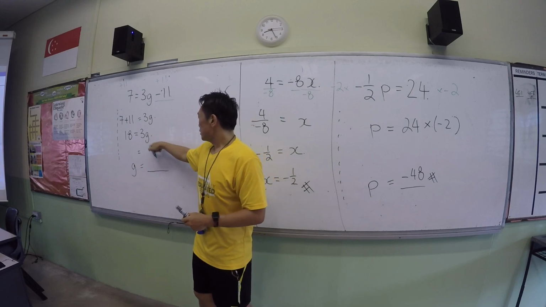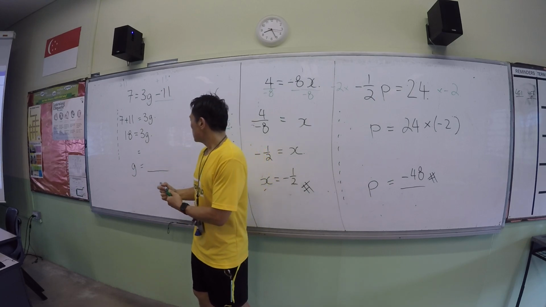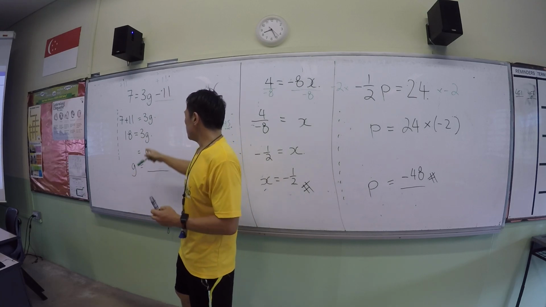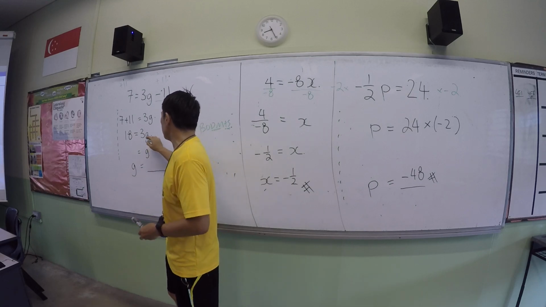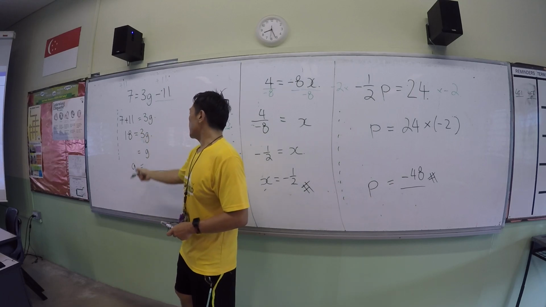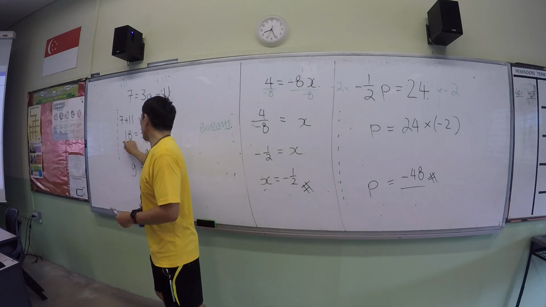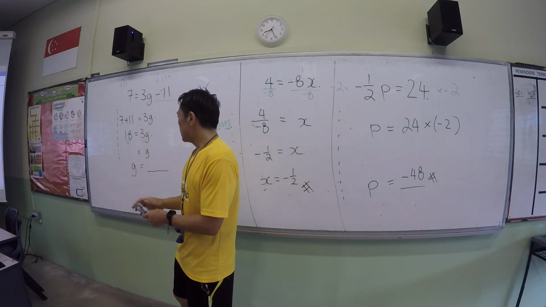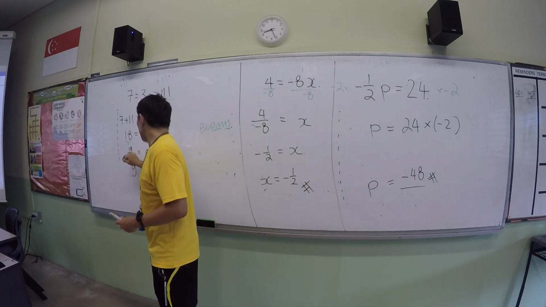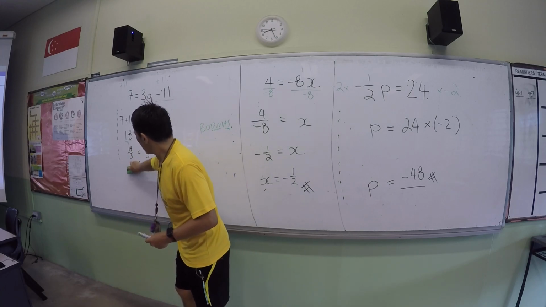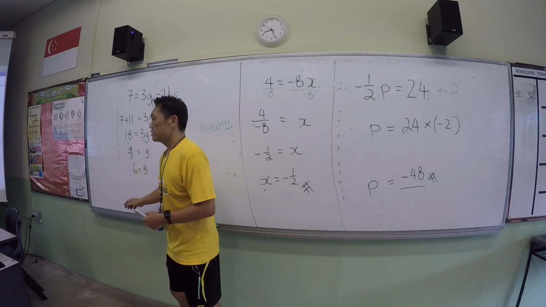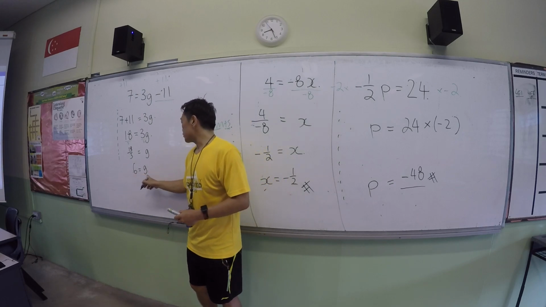So from 3g to become g, because finally I only want 1g, what I need is to divide 3g by 3. So that I can from 3g become 1g. Because I divide 3g by 3, I need to divide the other side by 3 also. Which is why g is equals to 18 over 3. Simplify whenever I can. So g is equals to 6. Left hand side equals to right hand side.